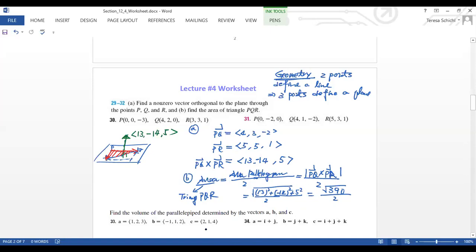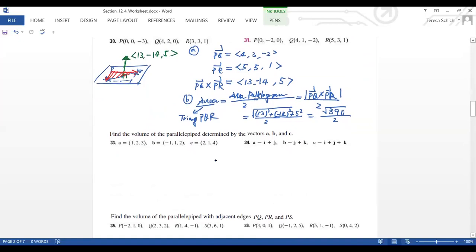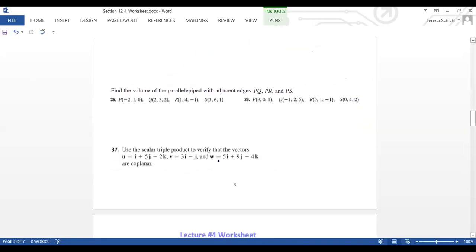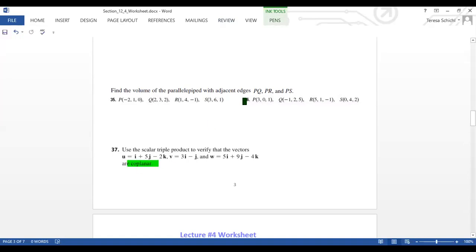All right, now let's take a look. The next problem I want to work on is number 33 here. In number 33, we're going to introduce a key concept: coplanar.